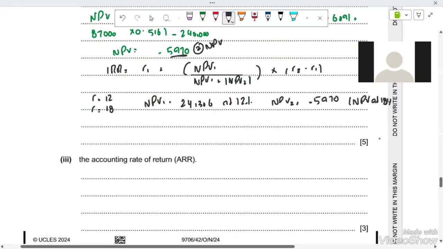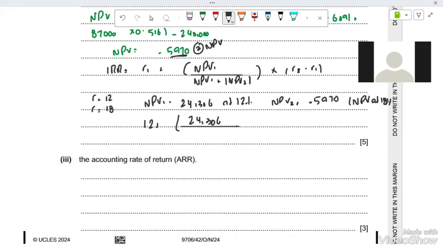So now we are going to substitute the information here. R1 is equal to 12 plus NPV1, 24,306, divided by NPV1, 24,306, plus NPV2, 5,970, multiplied by R2 minus R1, which is 18 minus 12, so 6. First you add these two and divide 24,306 by the sum.